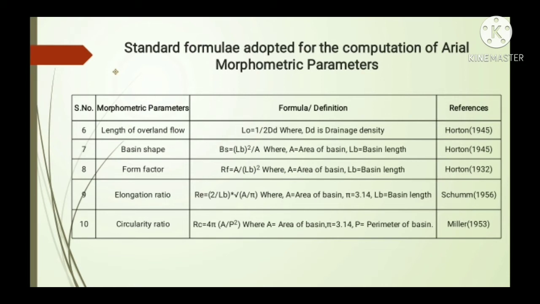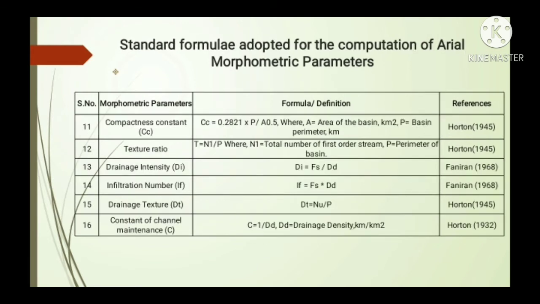Miller in 1953 defined the circulatory ratio, which measures the stream flow in the subwatershed, predominantly controlled by the length and frequency of the stream, land cover pattern, relief, geological structures, and topography of the watershed. The measure of watershed shape is termed as the compactness coefficient.